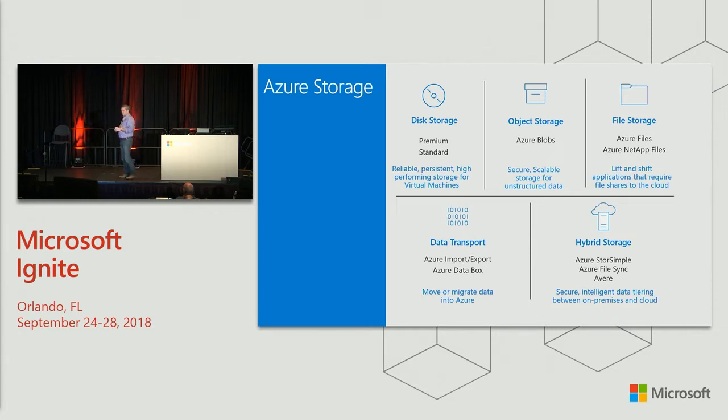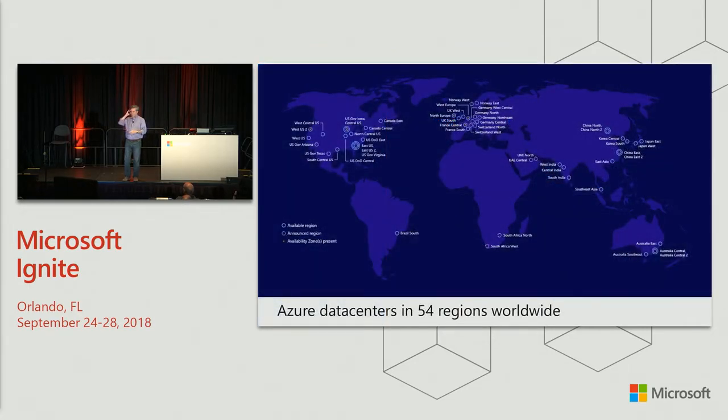And then Avere, which is a really specialized high-performance cache, useful especially in media scenarios, that can really bridge the network distance between your on-premise and the cloud. So today, most of the things we're going to talk about are in the object storage and somewhat in the file storage space, the services that we'll focus on today.